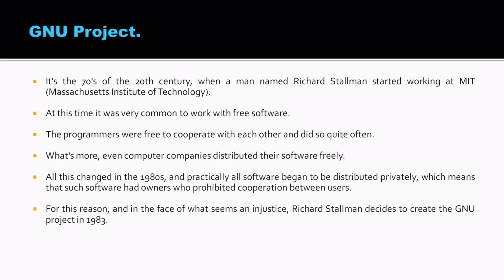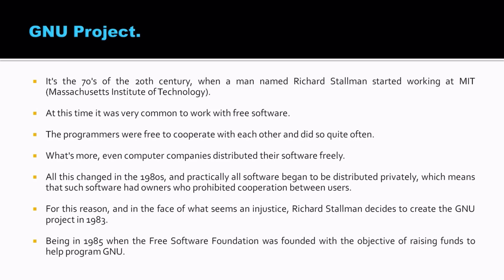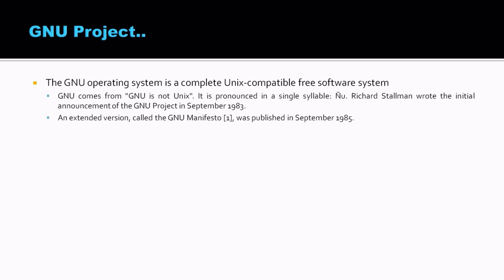For this reason, in the face of what seemed an injustice, Richard decided to create the GNU project in 1983. In 1985, the Free Software Foundation was founded with the objective of raising funds to help program GNU. The GNU operating system is a complete Unix-compatible free software system.